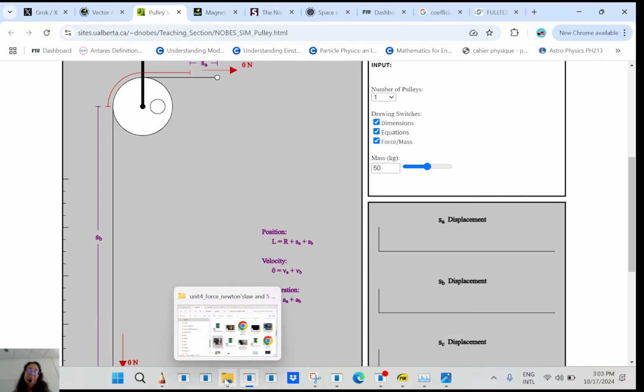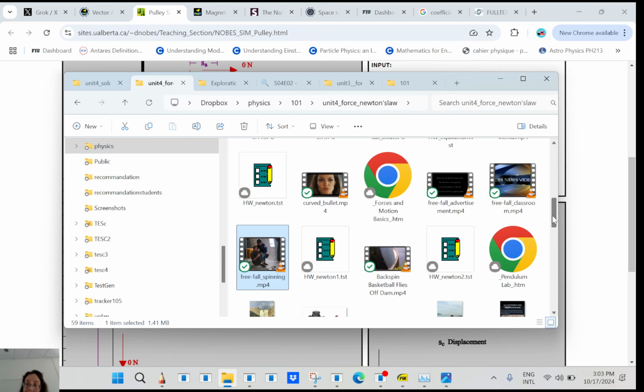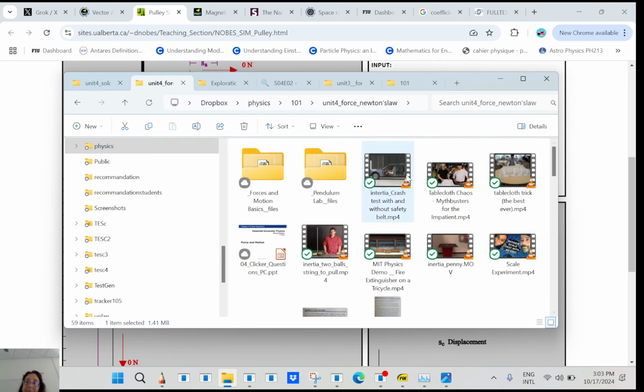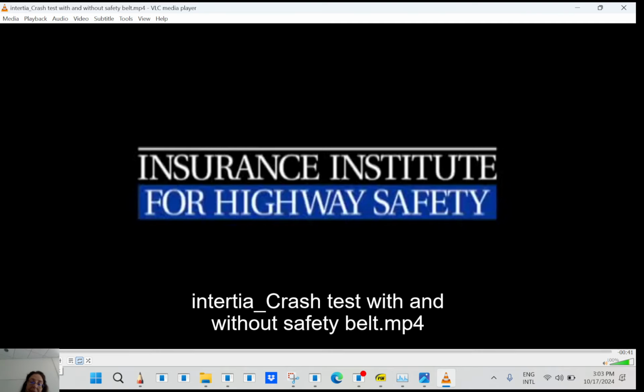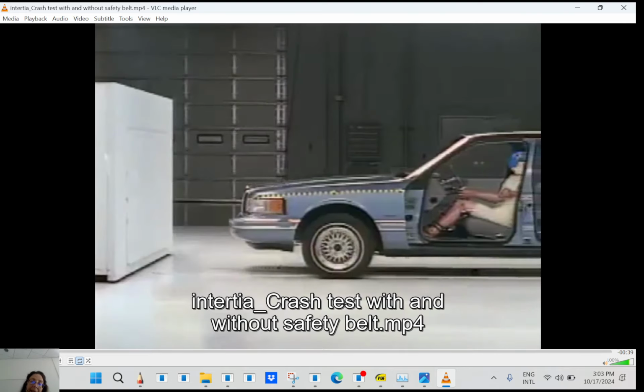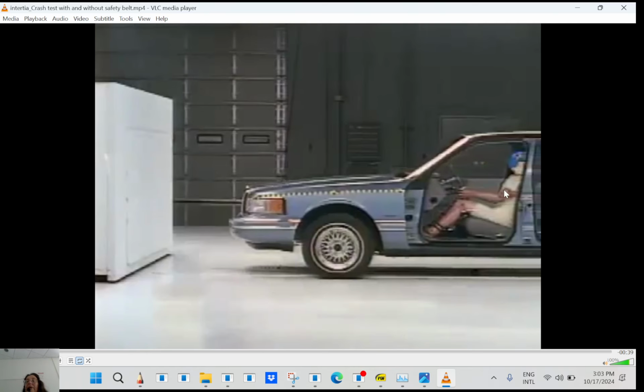So, for example, inertia. That's why you want a seat belt. You see, with no seat belt, the car is going to stop because there is a force acting on it: the wall is going to push back.